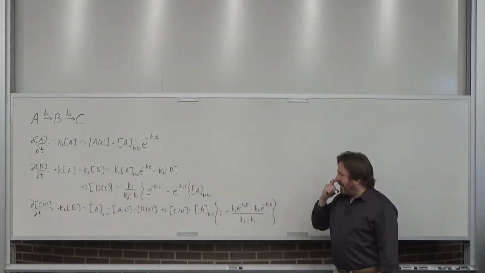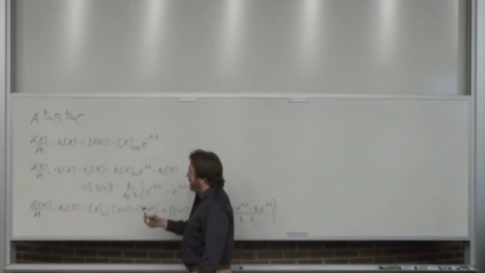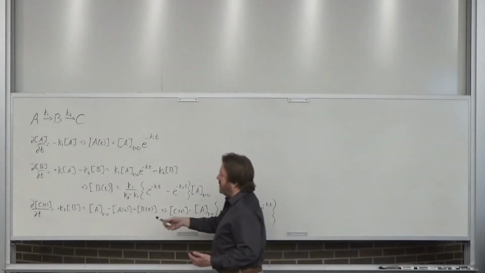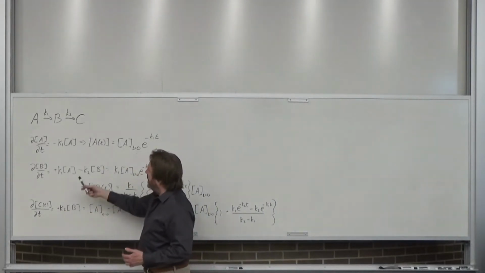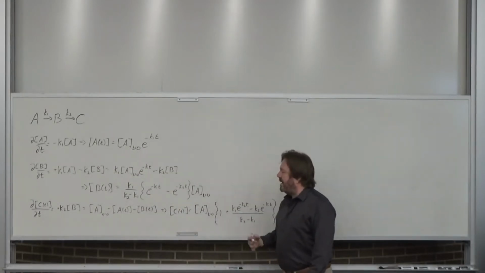Okay, next bit, C. C is a little bit easier because it's the final product, so there's no sink. There's only something that it forms from, so that's a plus component. B is the actor that creates C, so I have a plus concentration of B, and it does so with rate constant K2.